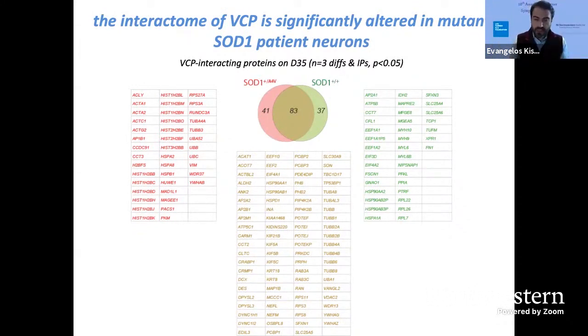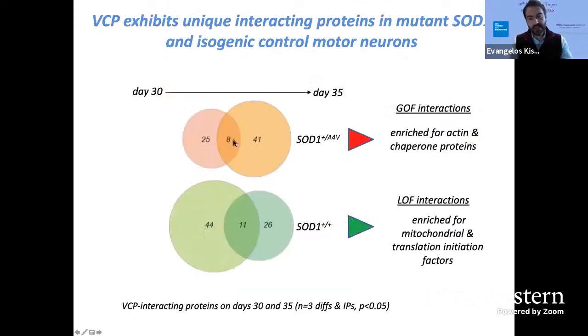And there's, again, different ways you can analyze the data. This is looking at the data across time and looking at specific interactors in either mutant SOD1 or isogenic control motor neurons. And what I can tell you is that gain of function interactors are enriched for proteins involved in actin and chaperone proteins, while loss of function interactors are enriched for mitochondrial and translation initiation factors.